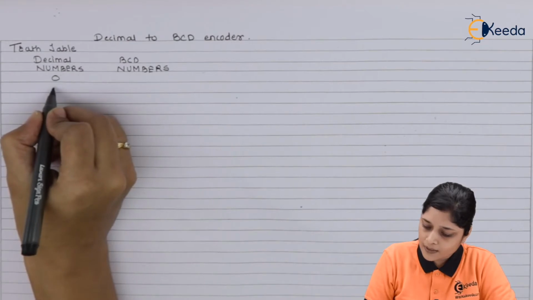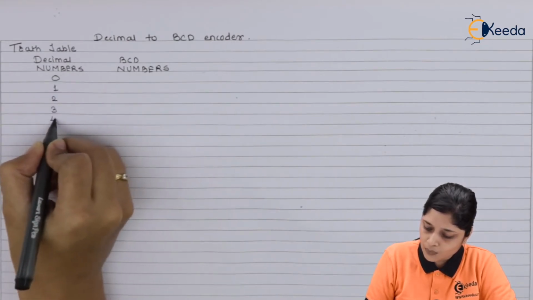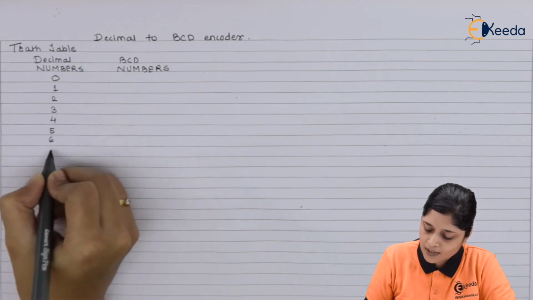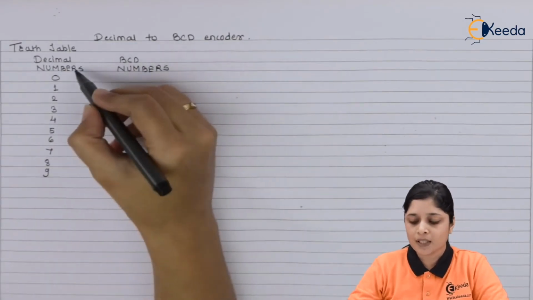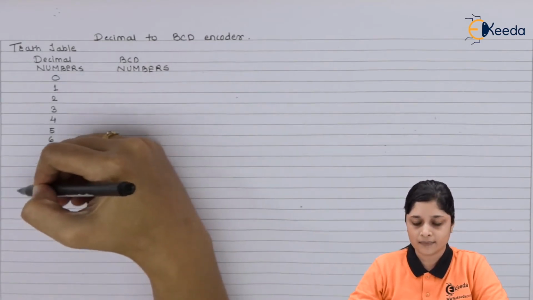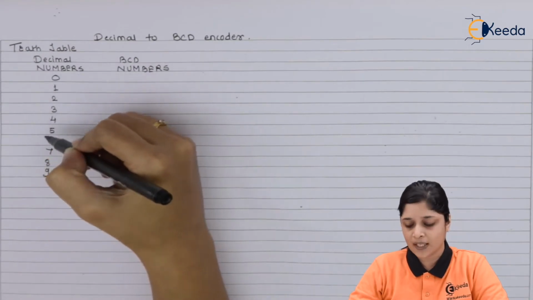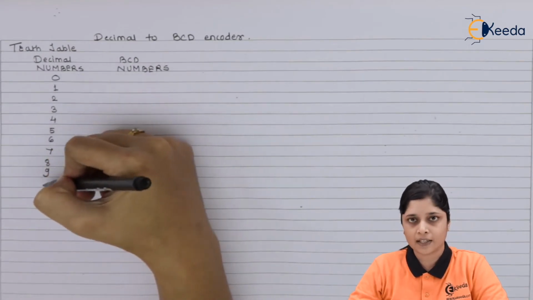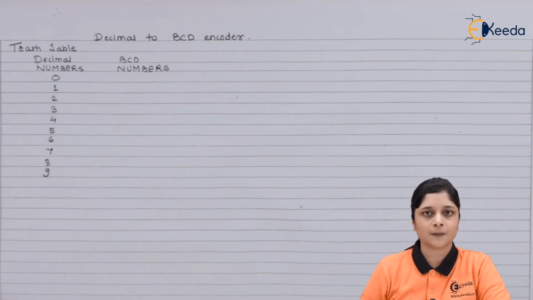So we will write here 0, 1, 2, 3, 4, 5, 6, 7, 8 and 9. These are the digits present in the decimal numbers.